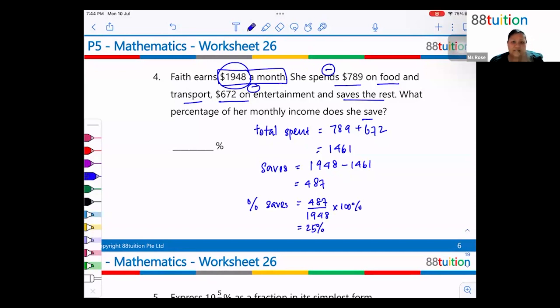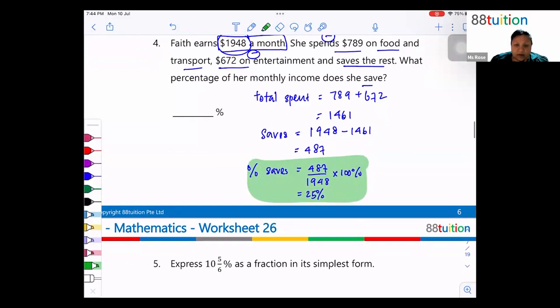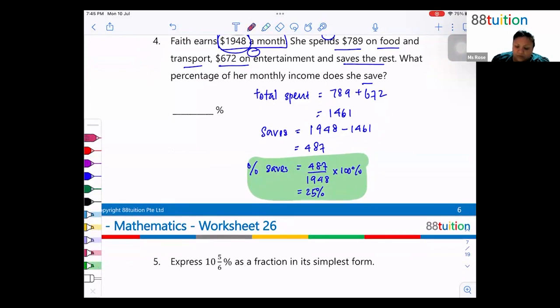Now, everyone, can you look at the screen? Can you pay attention to this part here? If you were to write percentage saves is equals to 25%, this is correct.